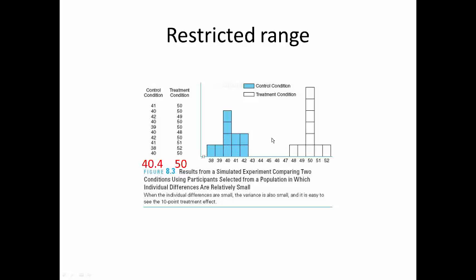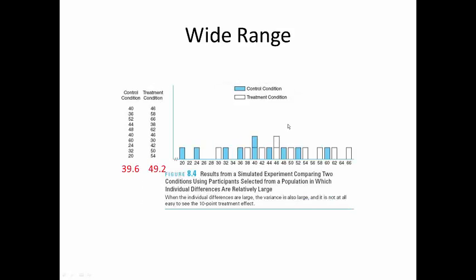However, if you look at this picture, you see again we have about a mean score of about 40 for the control group and a mean score of 50 for the experimental group. So again, the difference is 10 points.